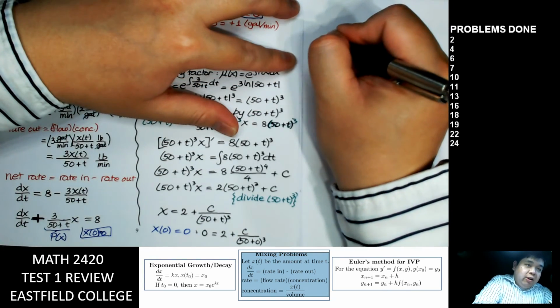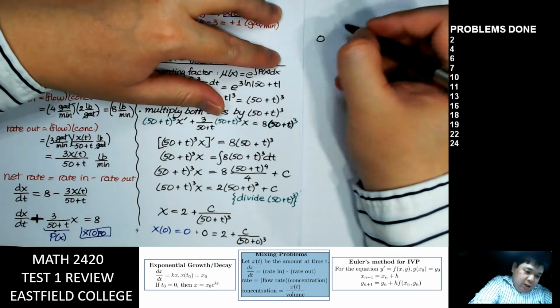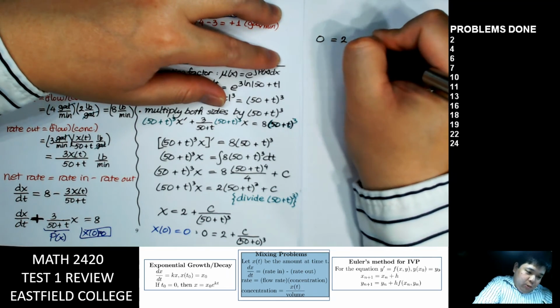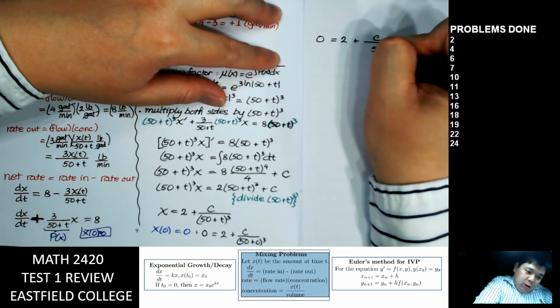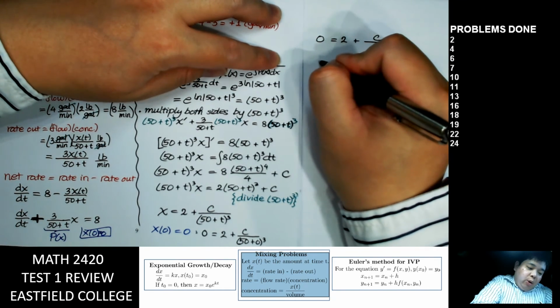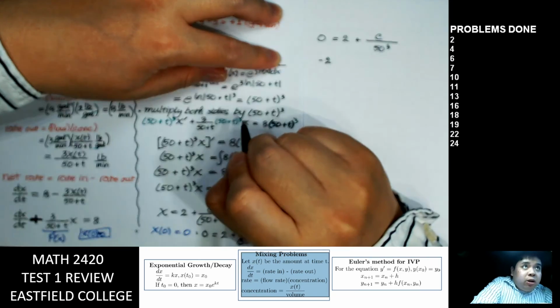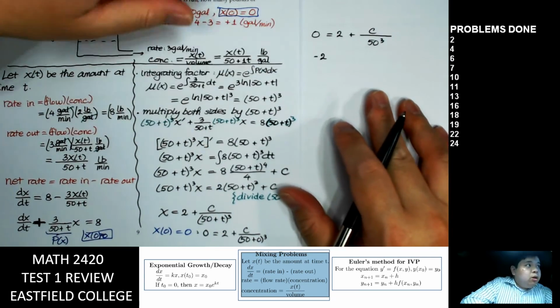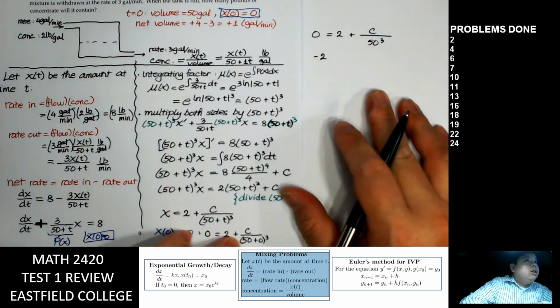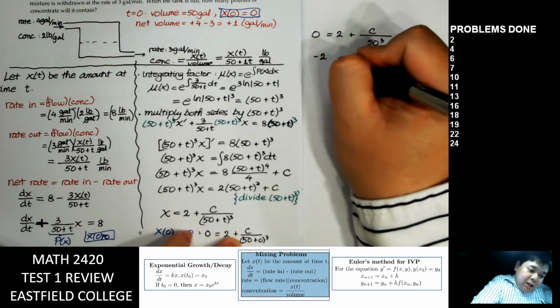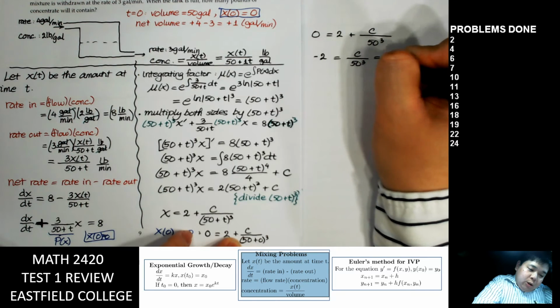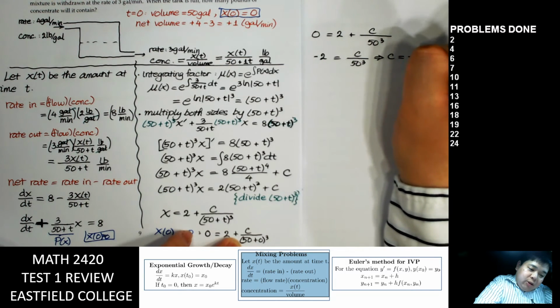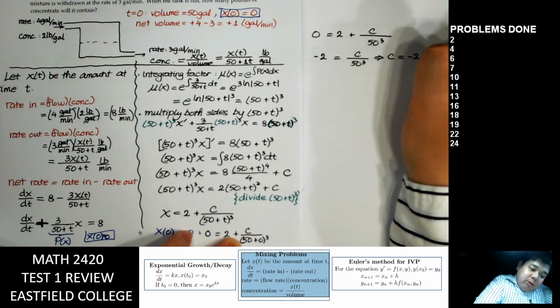so we will have 0 equal to 2 plus c over 50 cubed, or negative 2 equal to c over 50 cubed. So c is equal to negative 2 times 50 cubed.